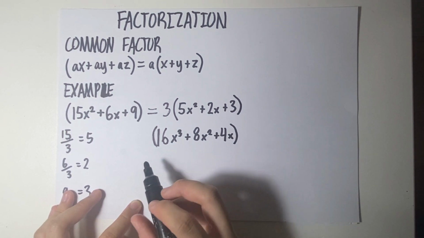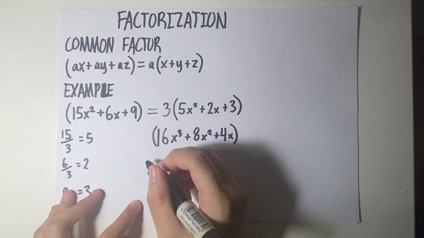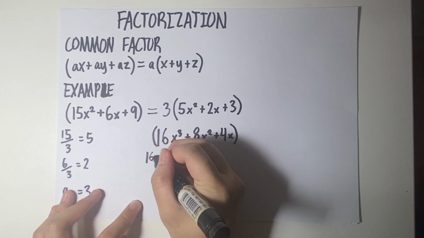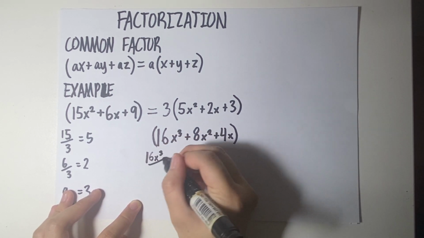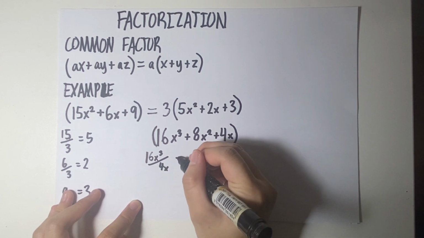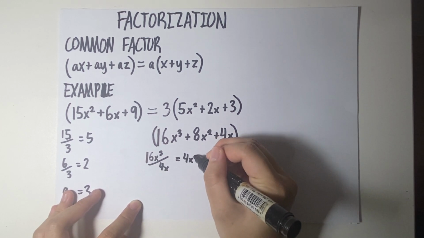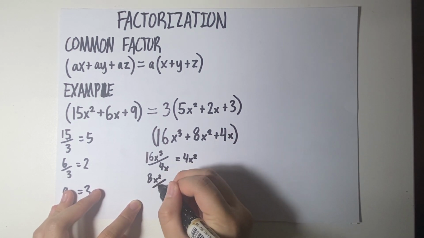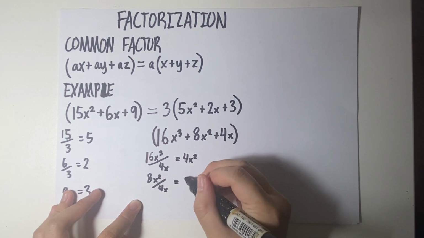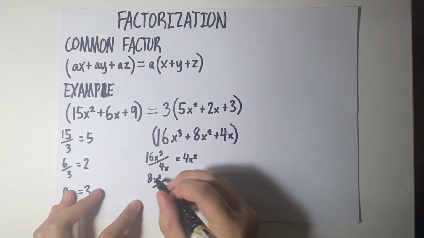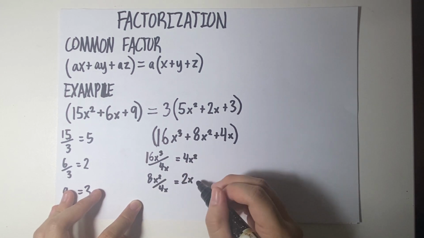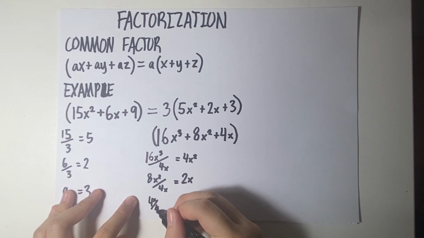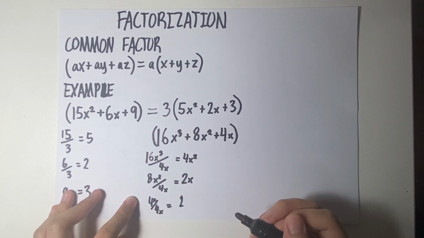Okay. So, to factorize this bracket, let's divide all of the terms by 4x. So 16x cubed divided by 4x, that is 4x squared. 8x squared over 4x, that is equal to 2x, because 8 divided by 4 is 2, x squared divided by x, that's x, and then 4x divided by itself is equal to 1.